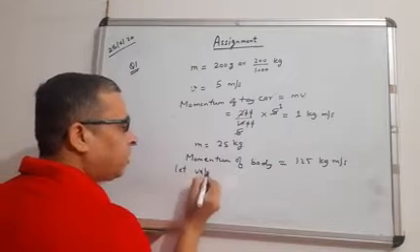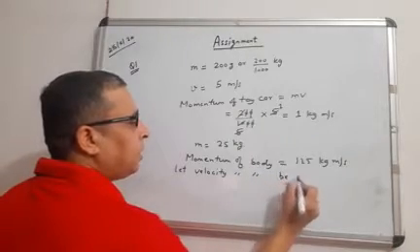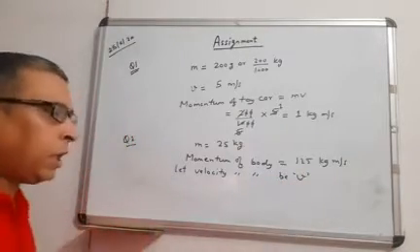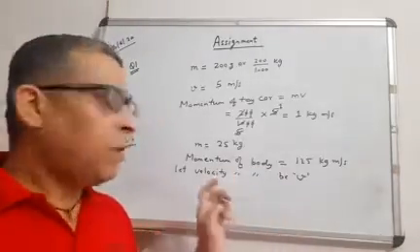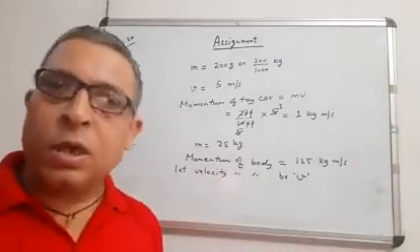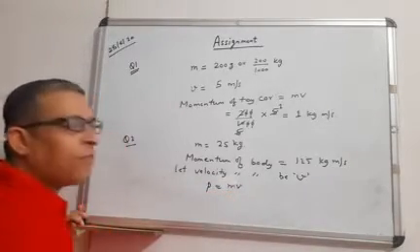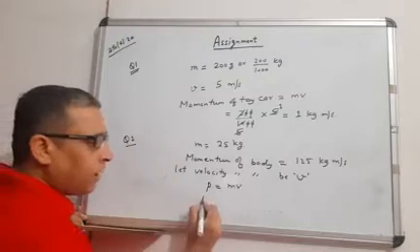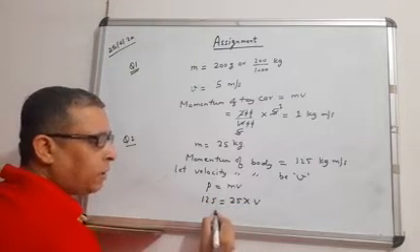Let velocity of body be v. I'm again telling you, here you can put v or u, but the point is, accordingly as the question gives you, you have to put. Then we all know that momentum is given by mv or mu. Now I'll put the value: 125 is equal to 25 multiplied by v.